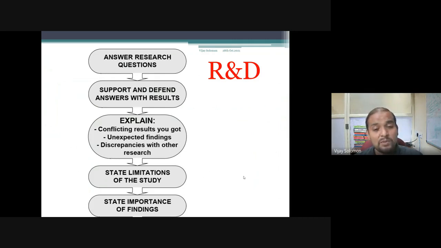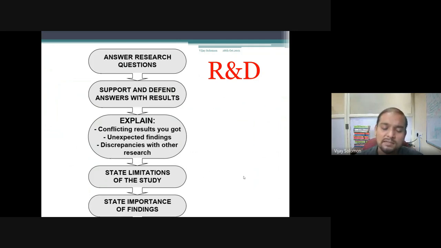Mainly, you should not forget to point out or cite the conflicting results or the unexpected findings that you found in your results. If you find any discrepancies with other research, you should mention that, and you can say why you got that. Of course, you can mention the limitations of the study, maybe the sample size or the demography of the sample.